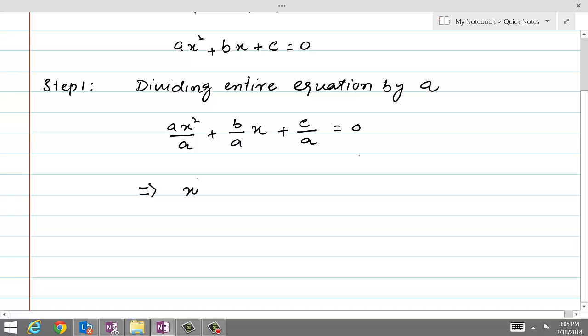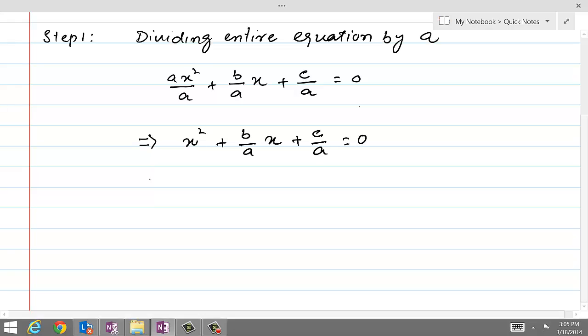So this will give us x square plus b over a x plus c over a. In fact, we should move the constant term to the right side of the equation. So we transfer c over a: x square plus b over a x equal to minus c over a.